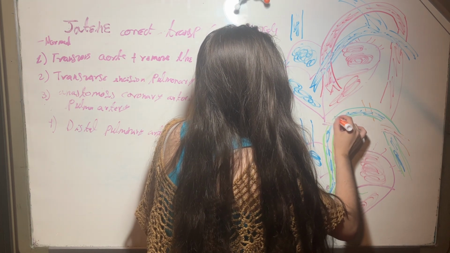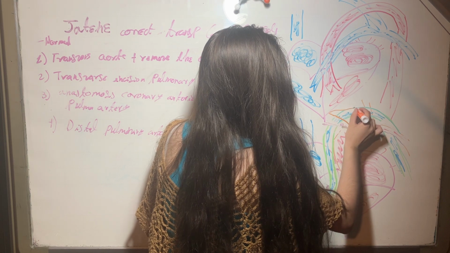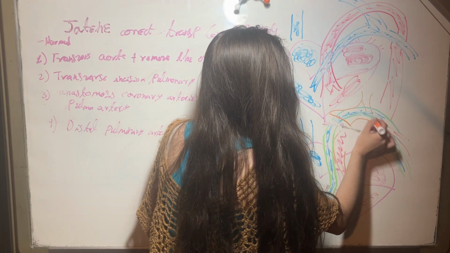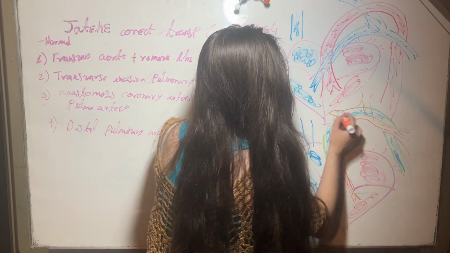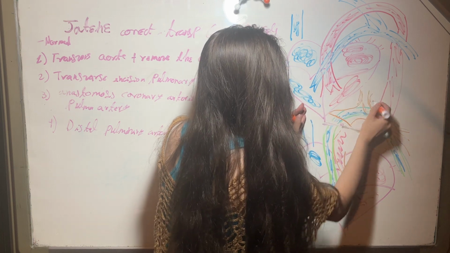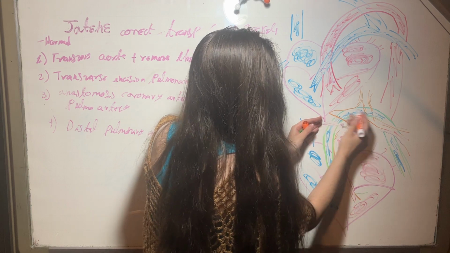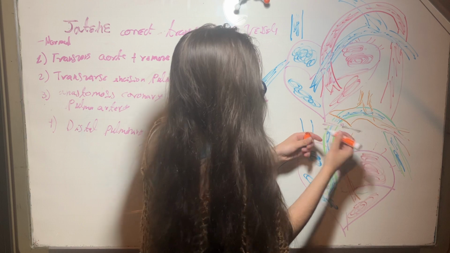So it is like this. So this is the distal part of the pulmonary artery. Remember, here we did the cut. Now the distal part of the pulmonary artery is anterior to the aorta.